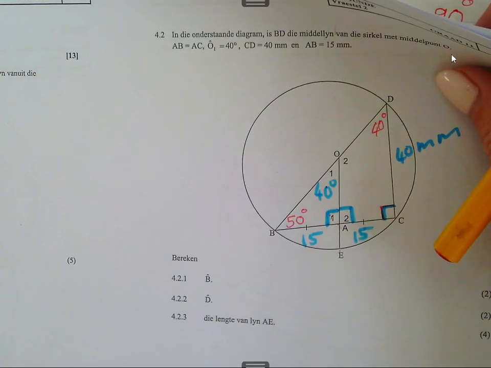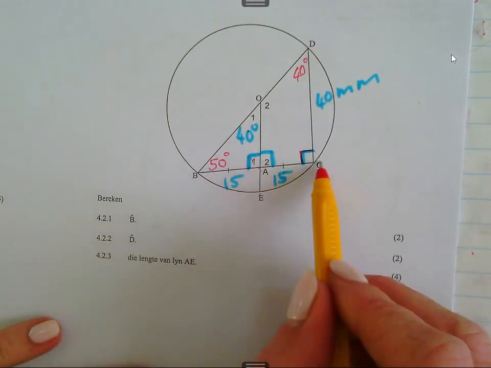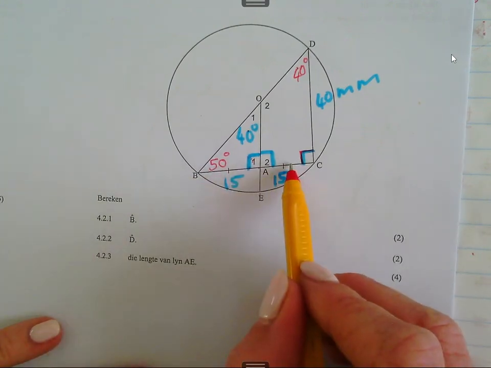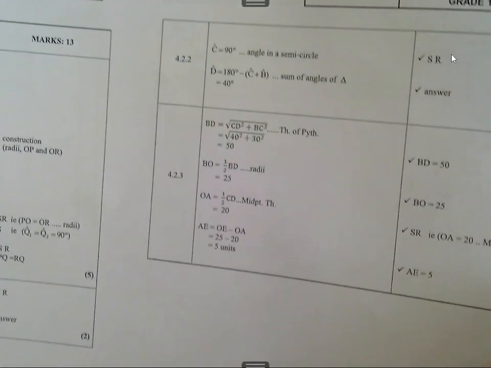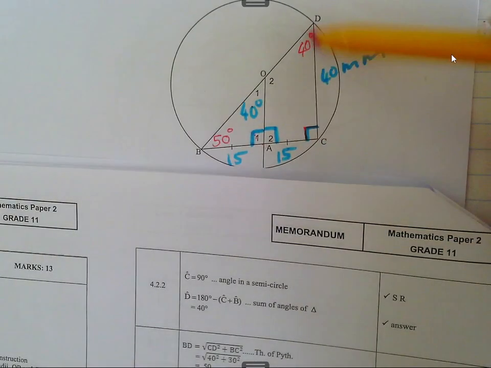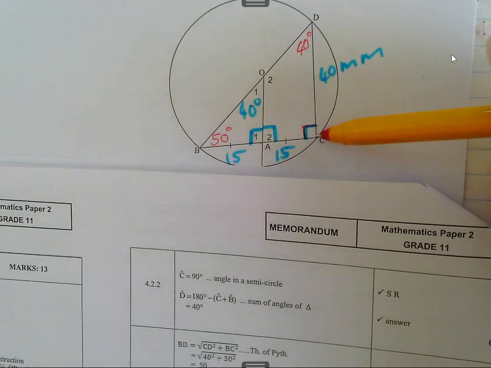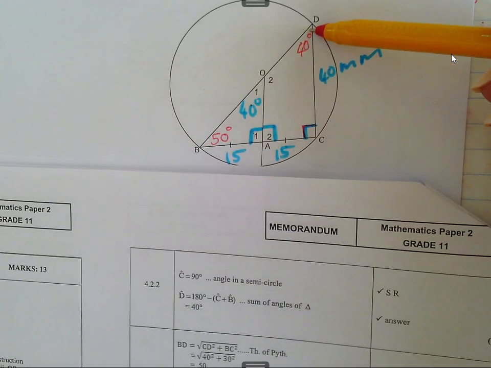Nou jy moet vir my asseblief baie mooi kyk by hierdie enetjie om hom dan nou reg uit te werk. Ons weet dat daai hele lyn is dan nou 30. Jy kan sommer hierso kyk op die memo. So they used Pythagoras with that side as 40, this side as 30, and then you can calculate the length of BD, which is a diameter.